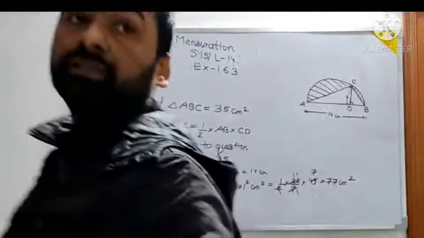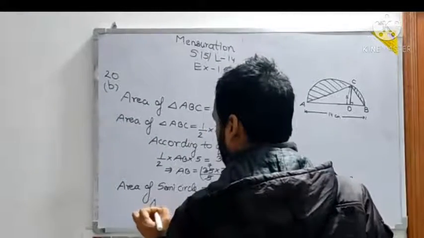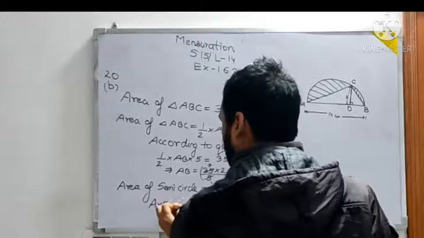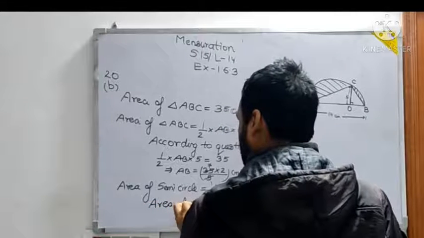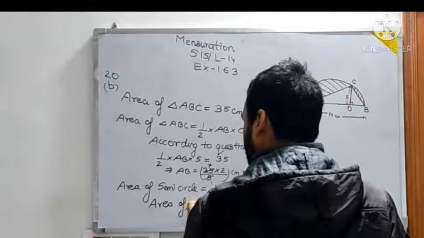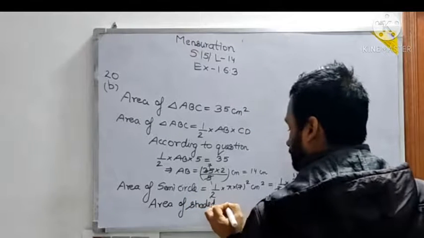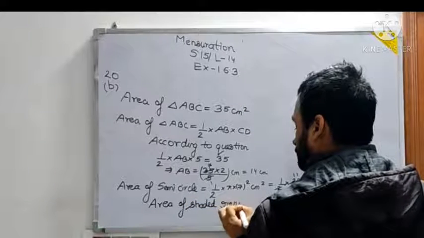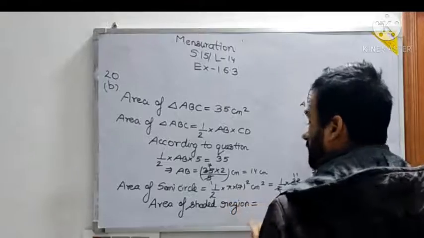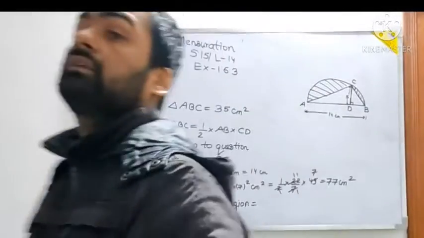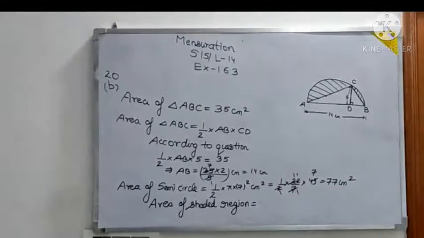Now the area of the semicircle is known and the area of this triangle is known. So write here, area of shaded region will be equal to, now what will be the area of the shaded region? See here, the area of the triangle is already given, but without calculating the area of this circle we cannot go further.